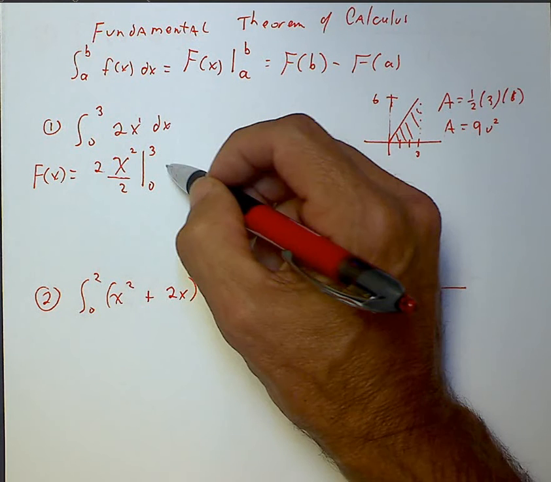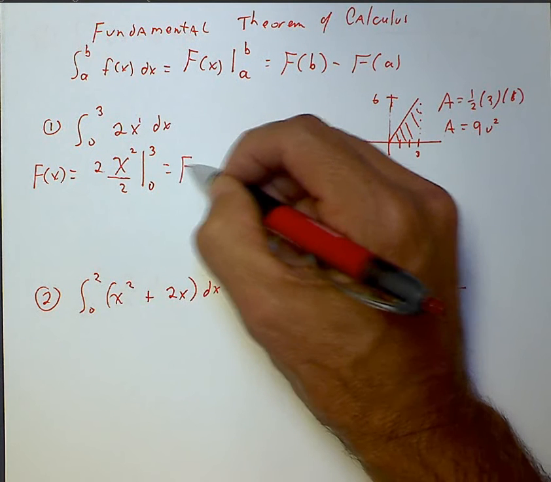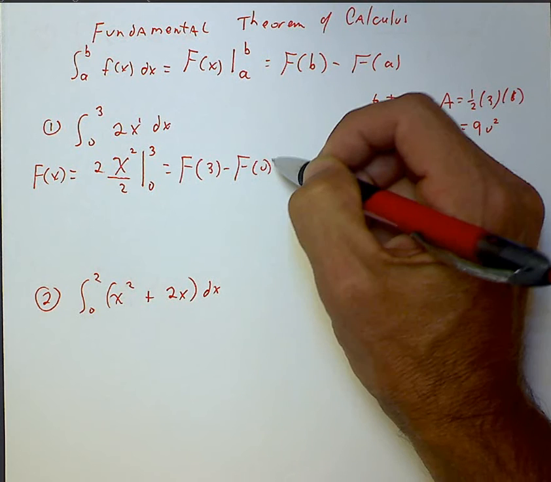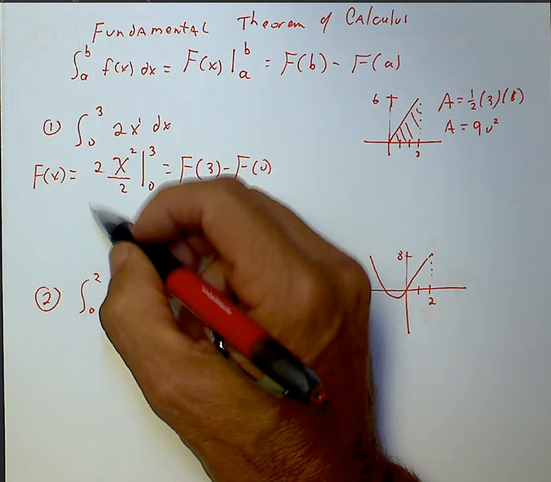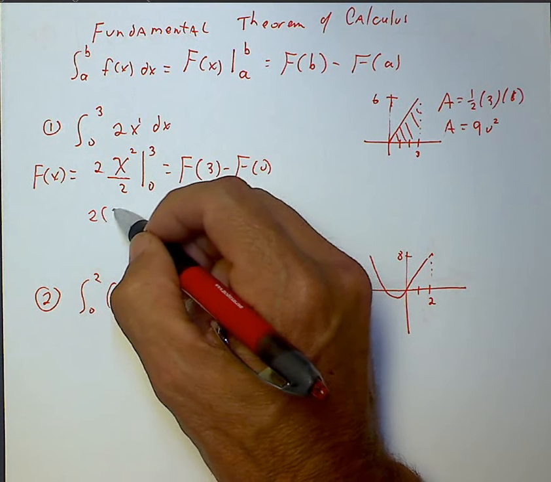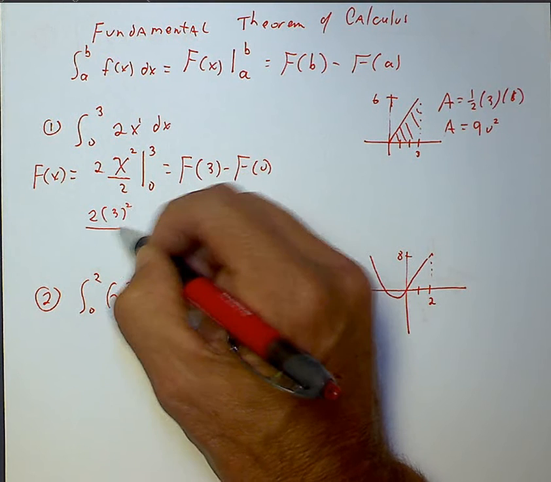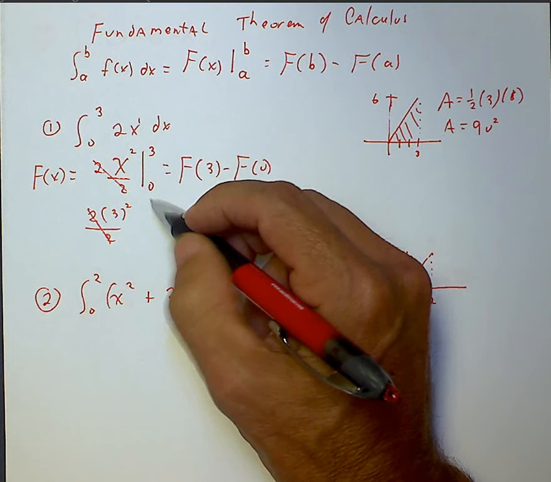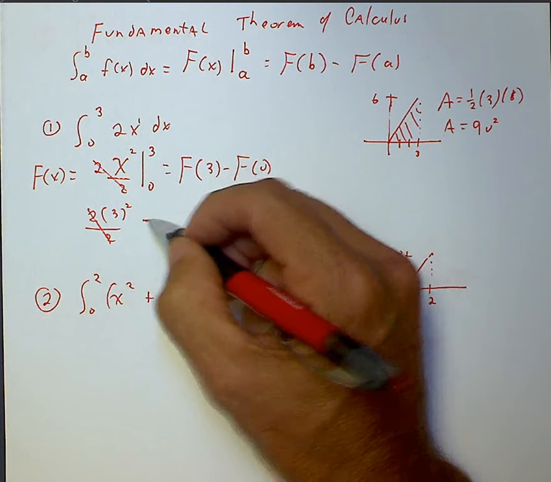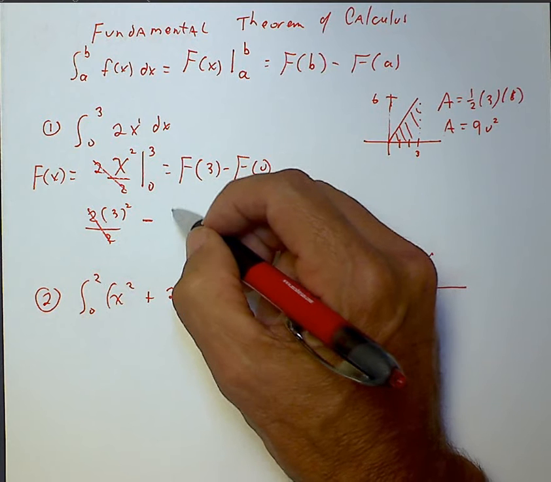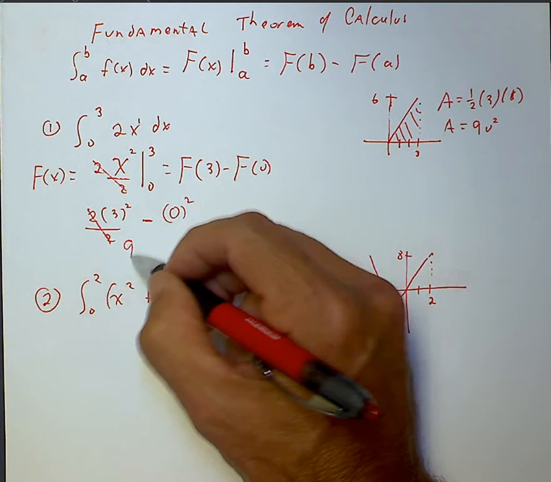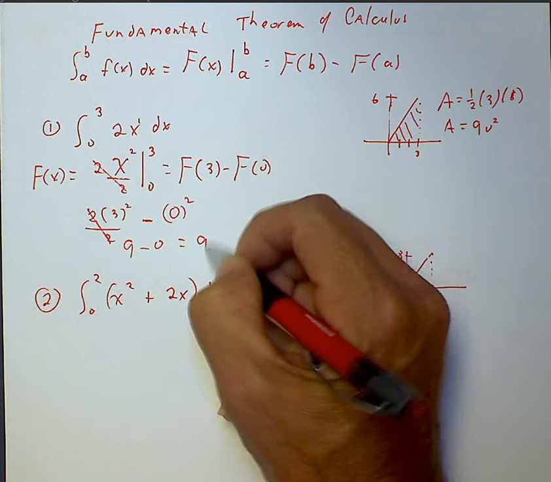What that means to us, we want to evaluate F of 3 minus F of 0 to find the answer. Well, F of 3 is 2 times 3 squared over 2, which will cancel out actually. So that's 9 minus F of 0, which is 0 squared. So that would be 9 minus 0, which is 9. And that matches our answer.